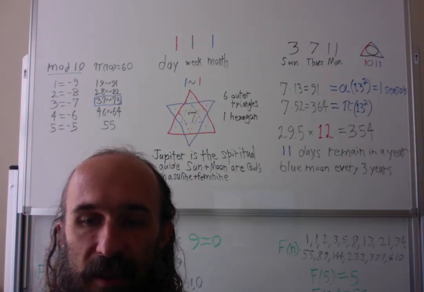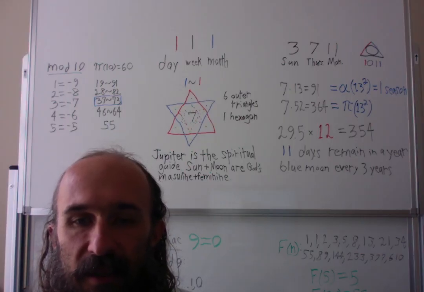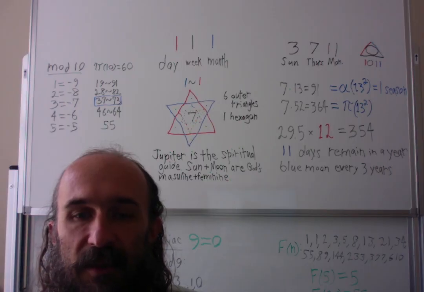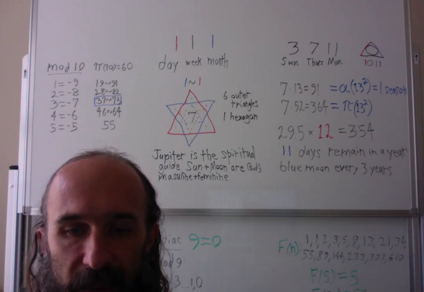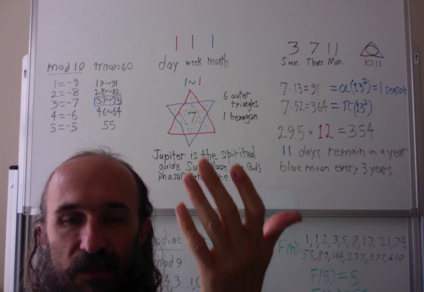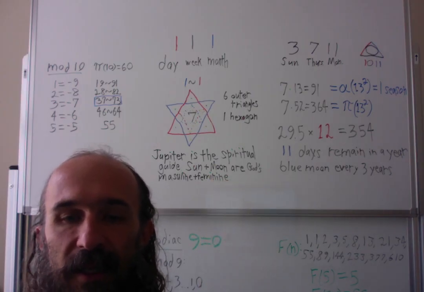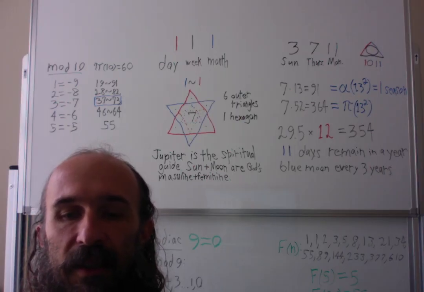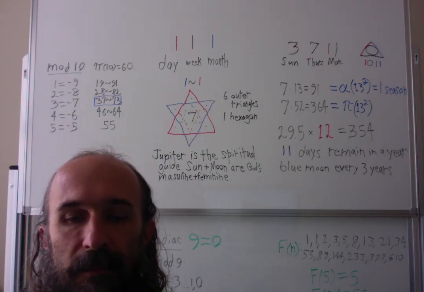And Jupiter, holding that position with the number 7, is thus elevated to the status where, well, Jupiter's known as the spiritual guru, and we can see that functionally through the week, through this number 7, Jupiter is informing us of this union between these divine masculine and feminine forces of sun and moon as we experience physically in the real world.